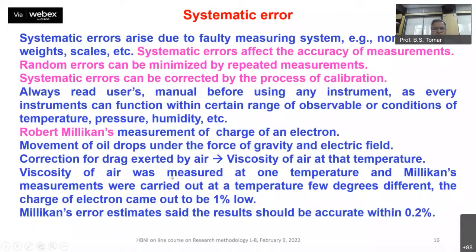In the case of Millikan, what happened was that they measured the viscosity of air at a particular temperature, but the experiment was done at some other temperature, and therefore the value of the charge of the electron was lower by 1%, though Millikan claimed that it was accurate within 0.2%. So this is the kind of error you can introduce if you are not careful with the measurements. This experiment of Millikan is considered to be very accurate and precise, but even such experiments can have errors.